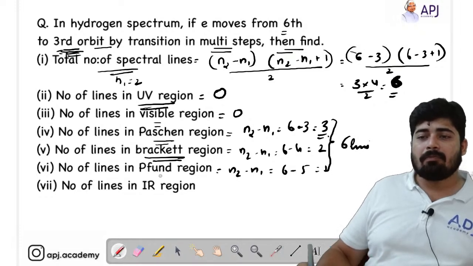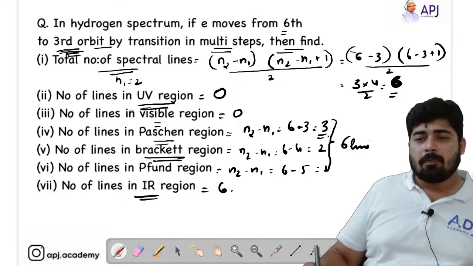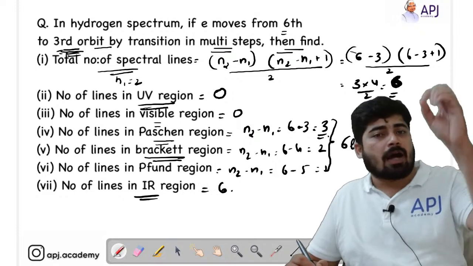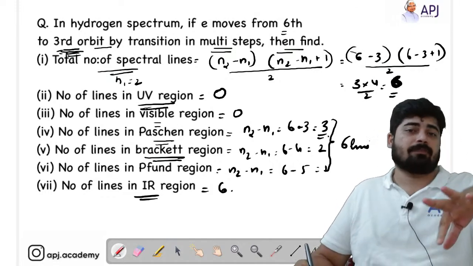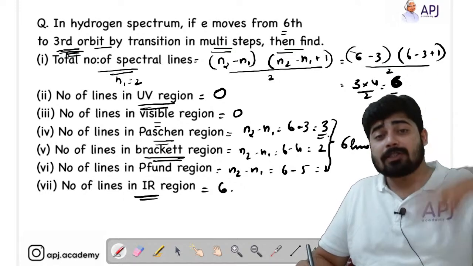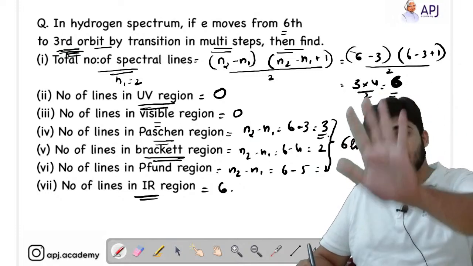Now the number of lines in the IR region. The number of lines in the IR region is 6, because Paschen, Brackett, Pfund and Humphrey are IR. Here Humphrey is not possible because the electron is jumping from 6. If it was jumping from 7, then the Humphrey series would also be there. But unfortunately it is jumping from 6.